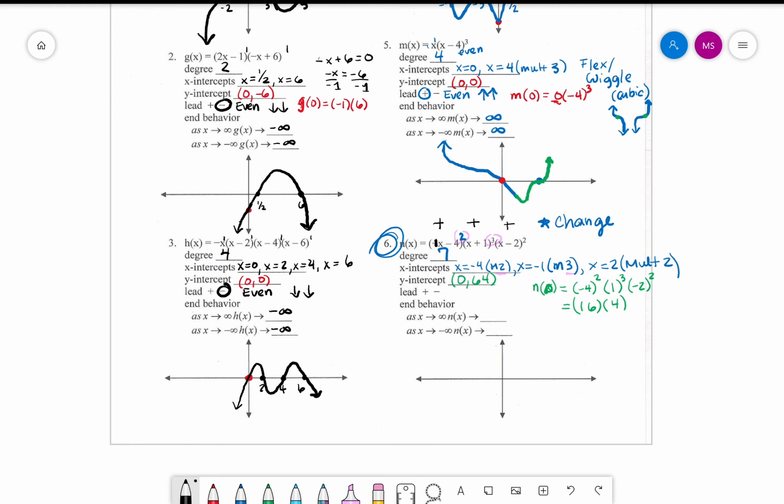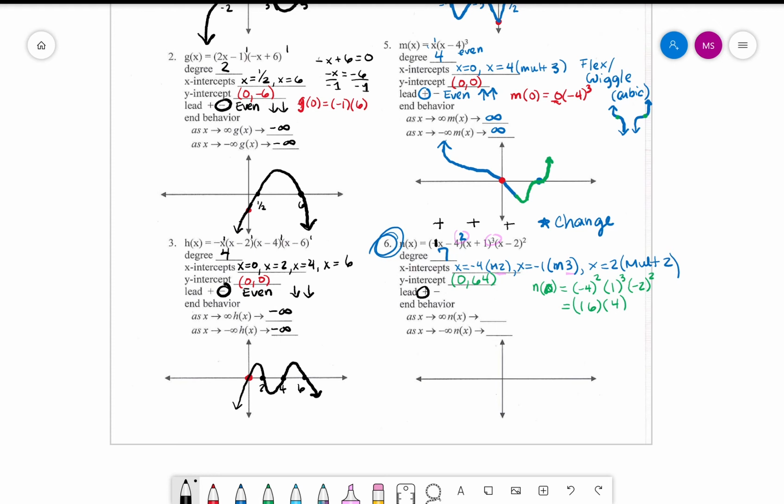Really, your leading coefficient will become positive. If you want to FOIL all of that out to see what that numerical value is going to be, you can do that, but that's not the point. You don't need to FOIL in order to tell me if your sign is positive or negative.